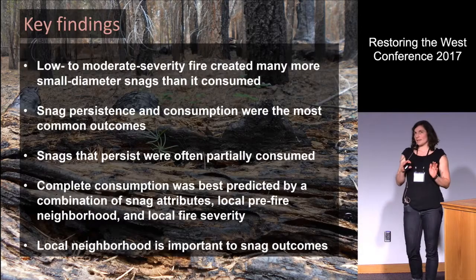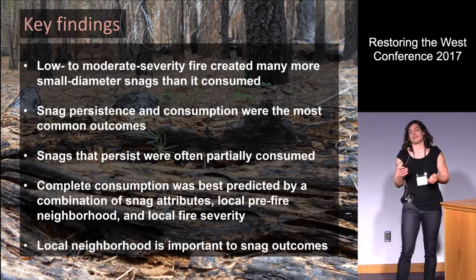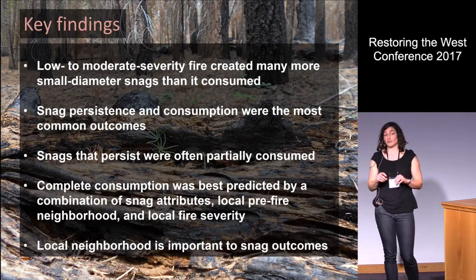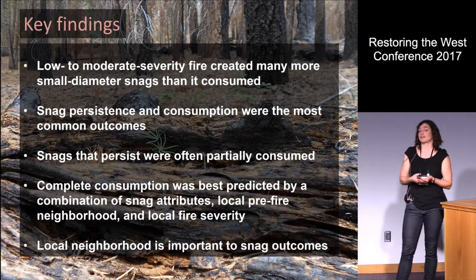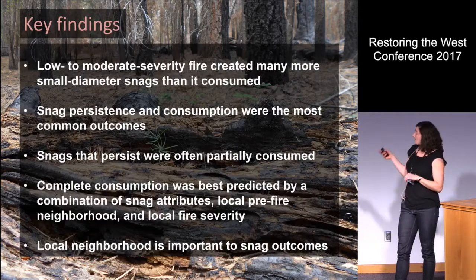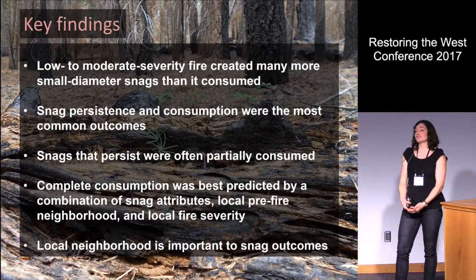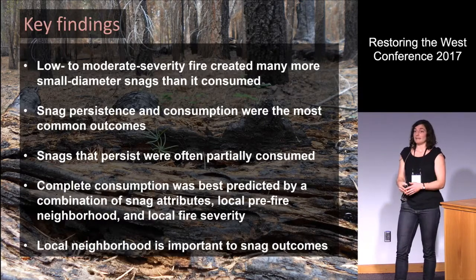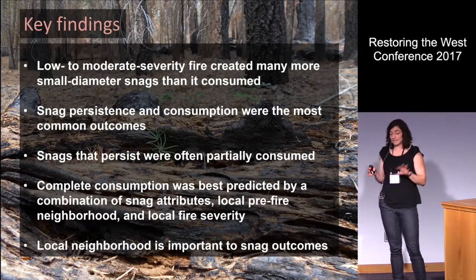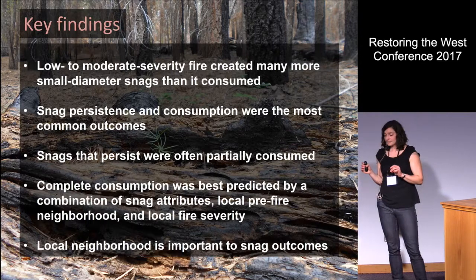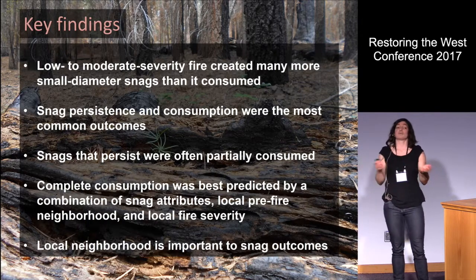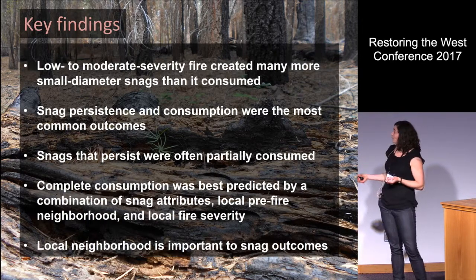So to recap what we observed in this forest, we saw that the low to moderate severity fire increased the density of small diameter snags and recruited many more small snags than it consumed. And we saw that snag persistence and consumption were much more prevalent than snag fall.